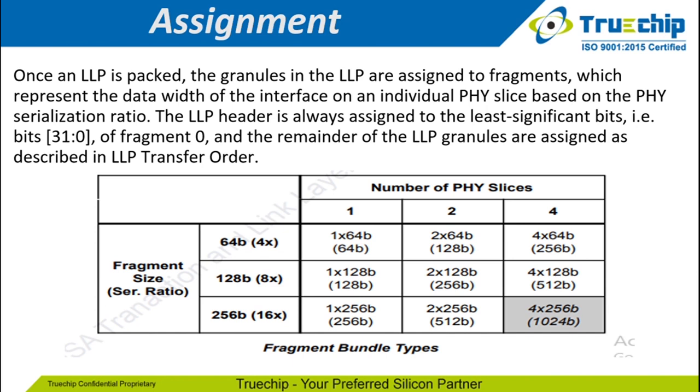There can also be different serialization ratios like 4, 8 and 16. So according to the number of slices and fragment sizes, the data size could be different.